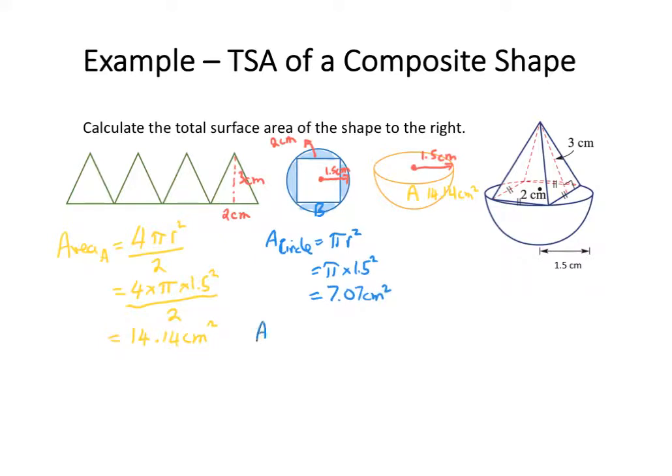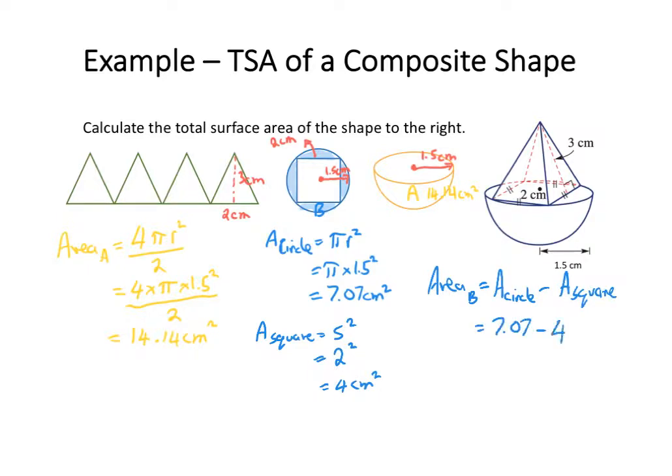Now we need to find the area of the square, and that's going to be the side squared, so 2 squared, which equals 4 centimeters squared. So the area of B, the shaded part, is going to be the area of the circle minus the area of the square. That's 7.07 subtract 4, which equals 3.07 centimeters squared. So the area of B, the shaded part that we need, is 3.07 centimeters squared.